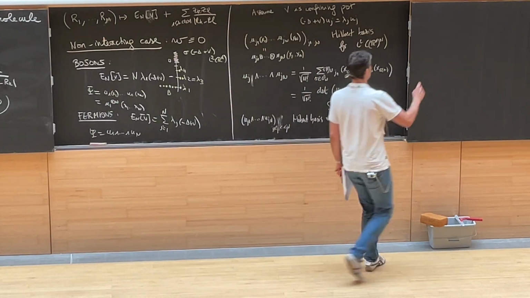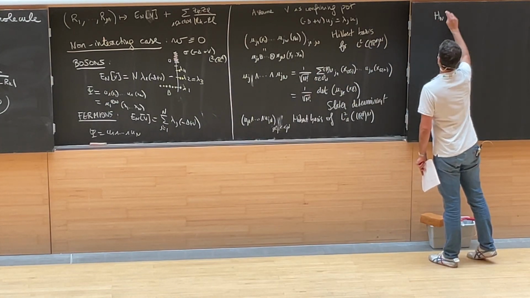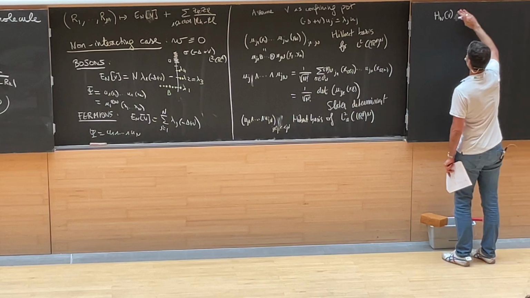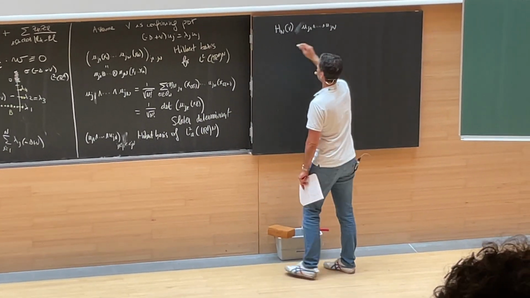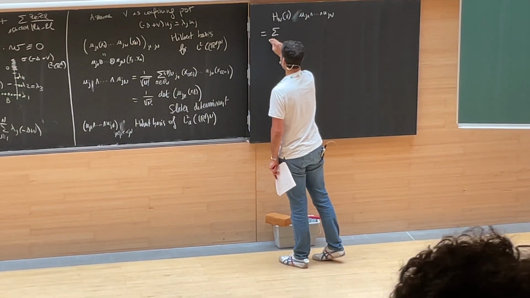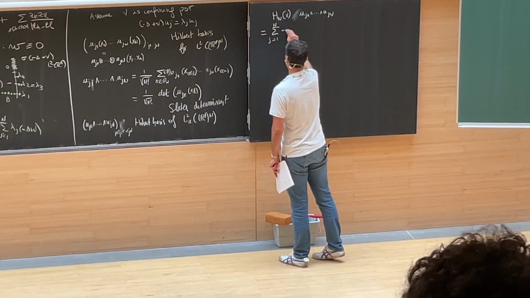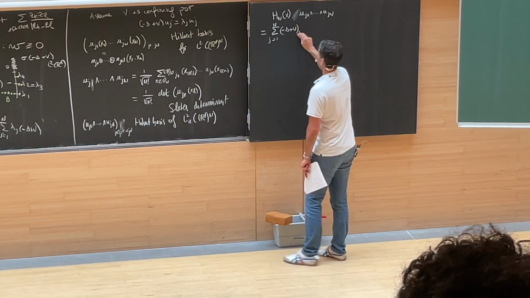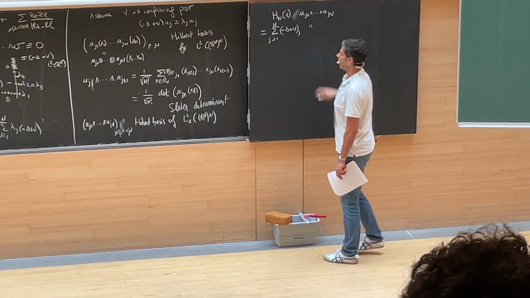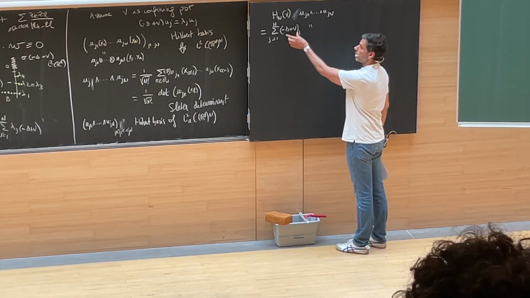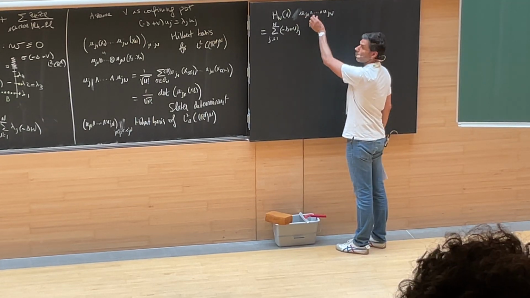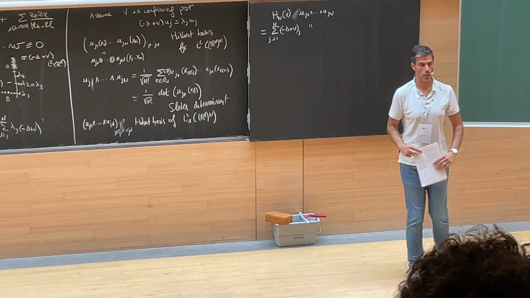So when you compute the H_n of V applied to U_j1 wedge U_jn, that's really just the sum, j equal 1 to n, of minus Laplace plus V in the variable j, applied to the same wedge. If you do the computation, you will see it's the same as taking this operator and applying it to any of the functions in the wedge.